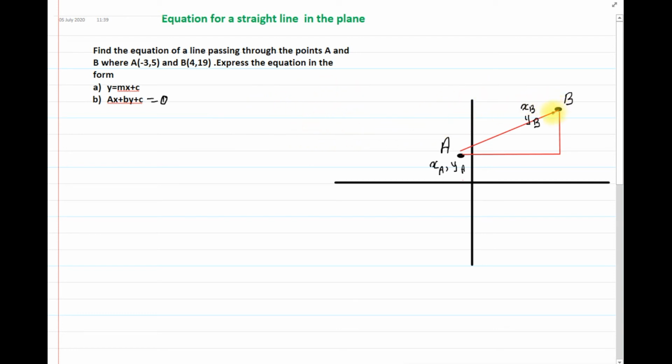The gradient of this line is given by the ratio of these two lengths, which is rise over run.